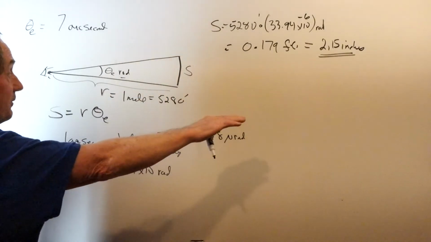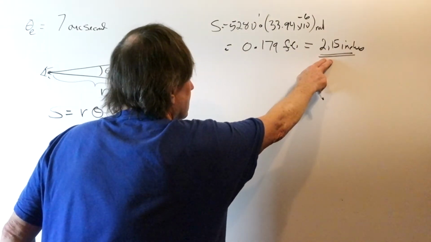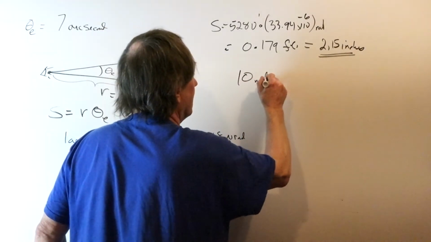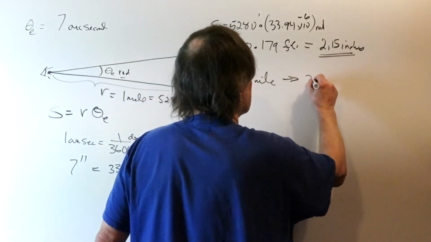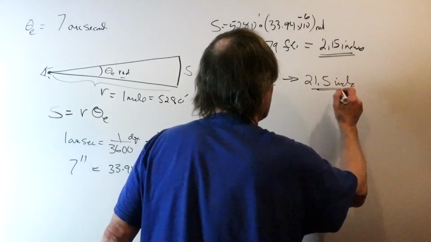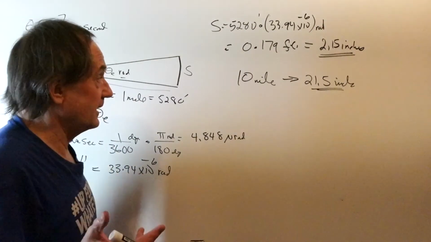And it's a linear relationship. If we go out 2 miles, it'll be twice this. So if I go out 10 miles, let's say shoot 10 miles, then my expected uncertainty will be 10 times this, or 21.5 inches. Well, how does that relate to what we're trying to measure?